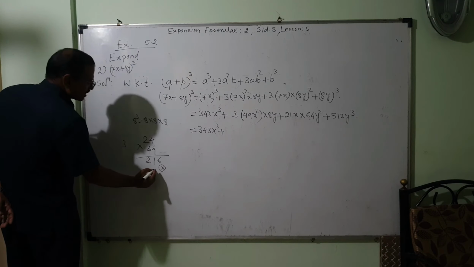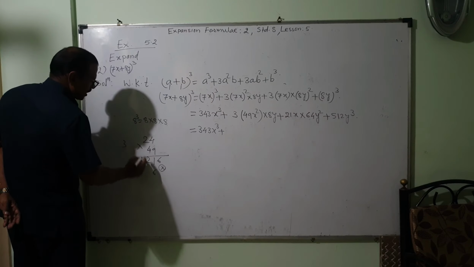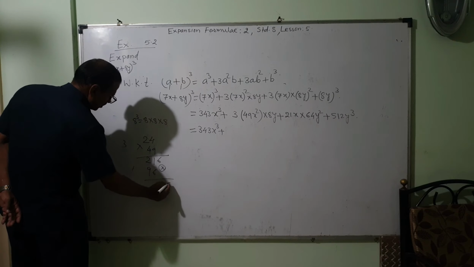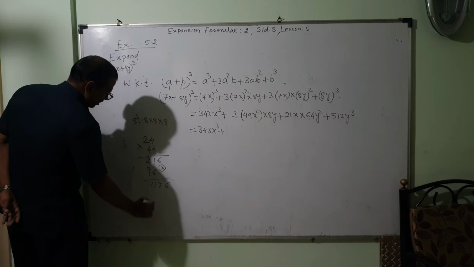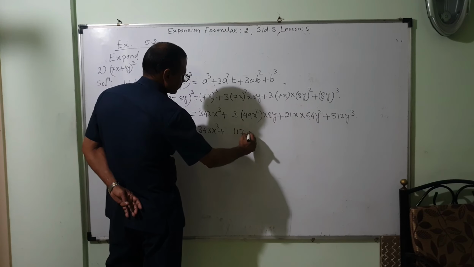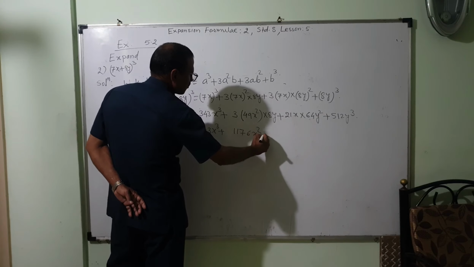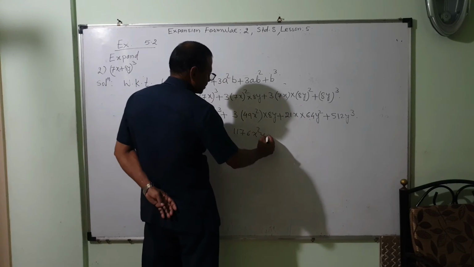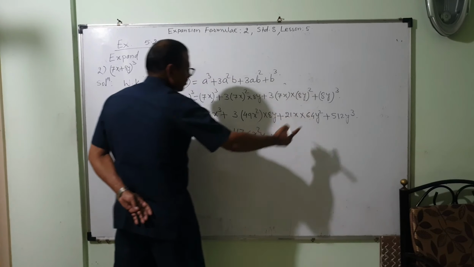Now 4 4 are 16, carry 1. 4 2 are 8 plus 1, 9. 6 7 11. So 1176. This is x²y plus this 21 into 64.